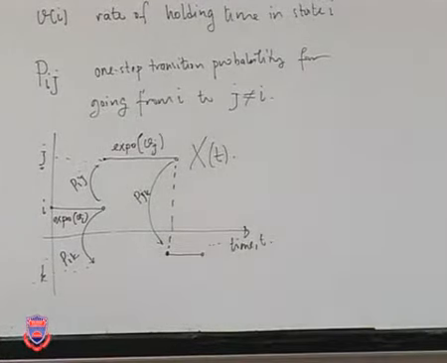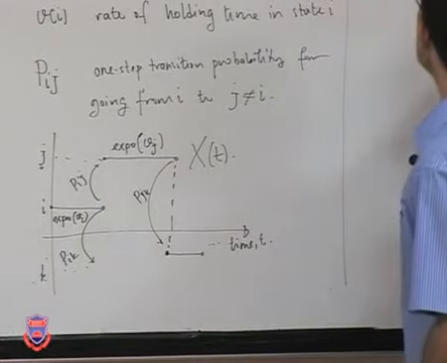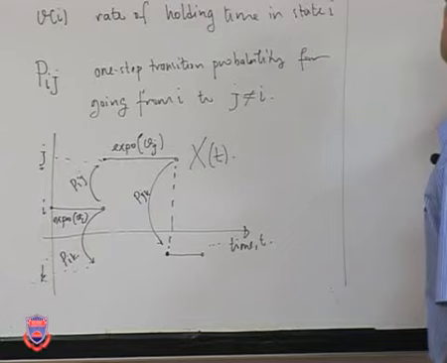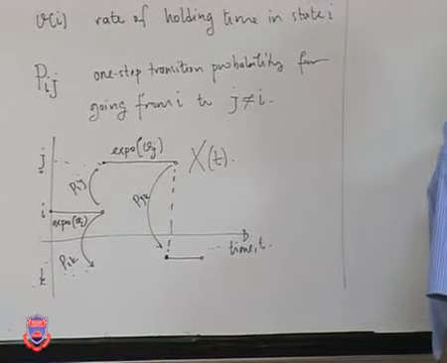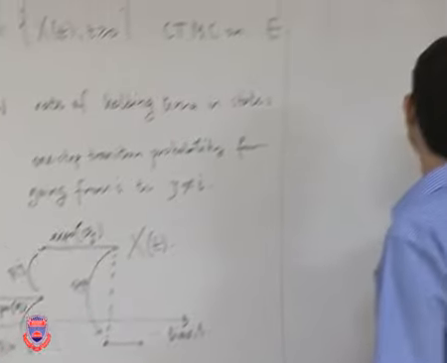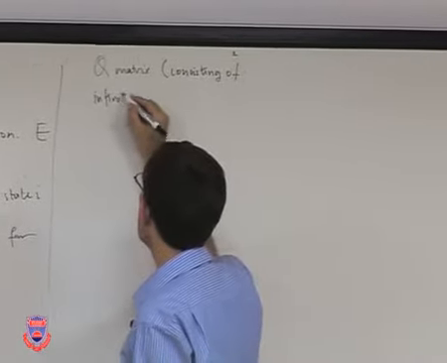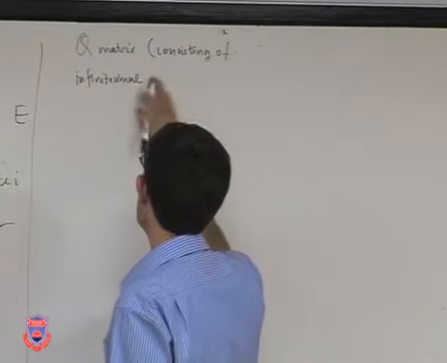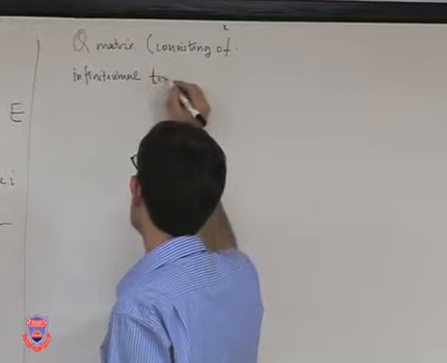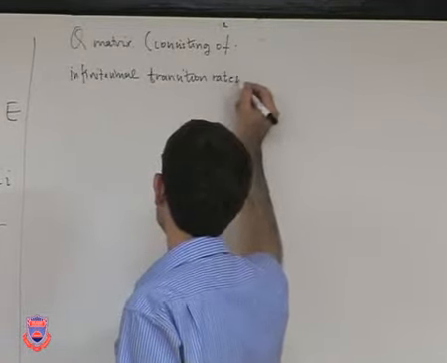Then we define the so-called Q matrix, which consists of infinitesimal transition rates. That's sometimes what people call transition rates.